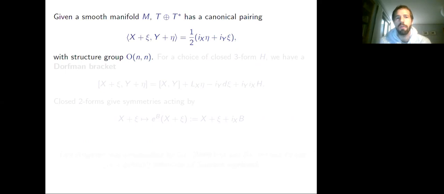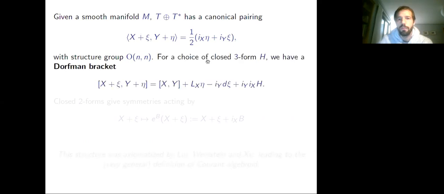So given a smooth manifold, you can consider the tangent plus the cotangent bundle of the manifold. And this has a canonical split signature pairing, given just by pairing vector fields with one-forms. So if you choose a closed three-form on the manifold, then we have a Dorfman bracket, which is written like this.